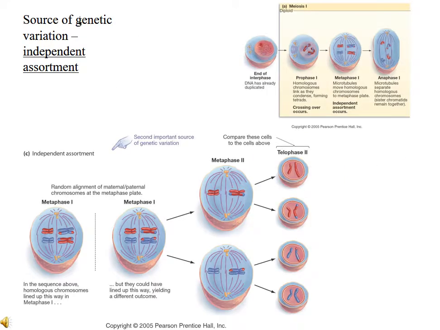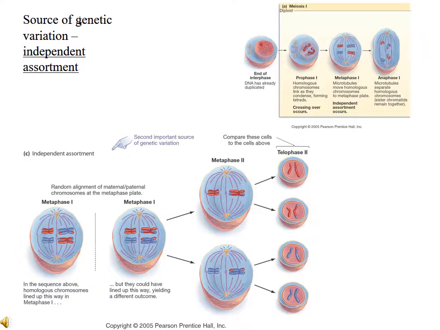The second source of genetic variation takes place during metaphase 1 of meiosis. In metaphase 1 of meiosis, we can see that the homologous pairs line up, one on the opposite of the other. Here we're looking at just 4 chromosomes and 2 pairs.